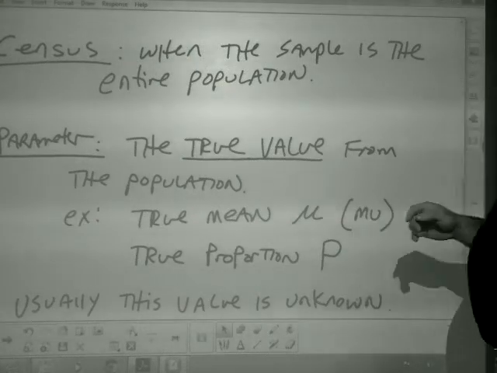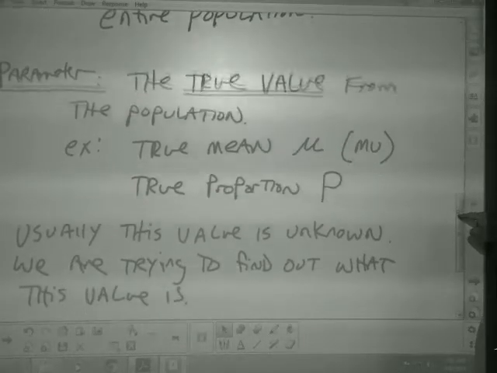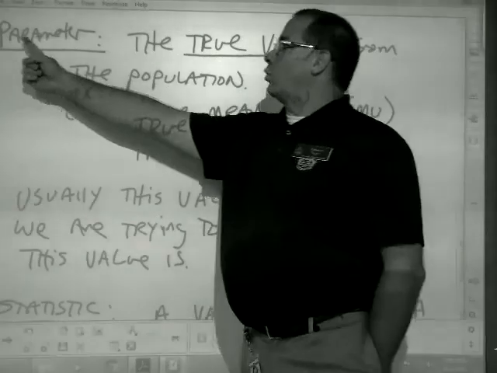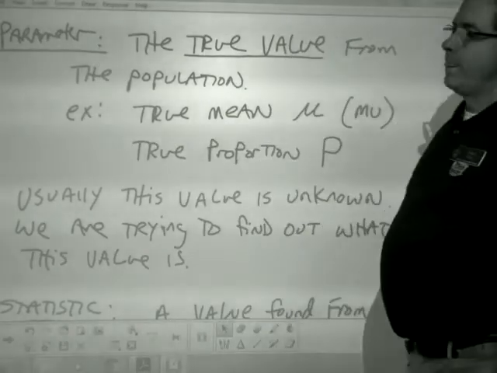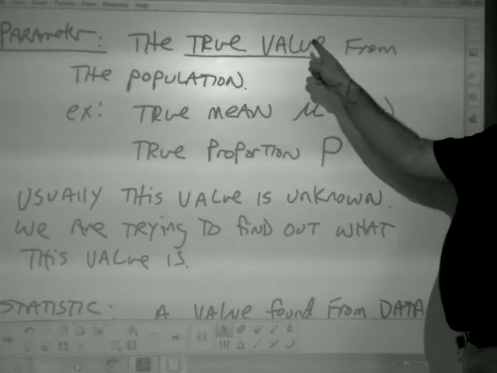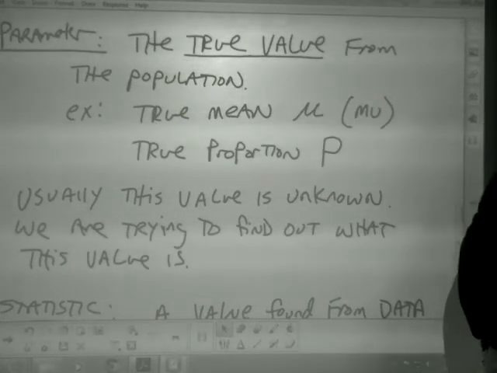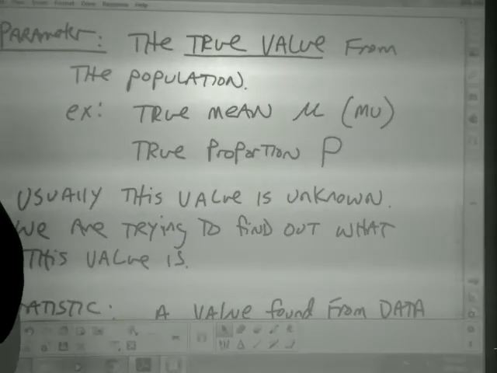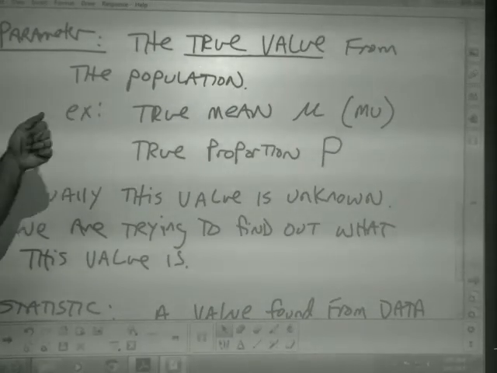Now, these next two go hand in hand when we talk about them. So the first one is called a parameter. A parameter is the true value from that population. Sometimes they call it the population parameter. All right? It's the true value. Okay?